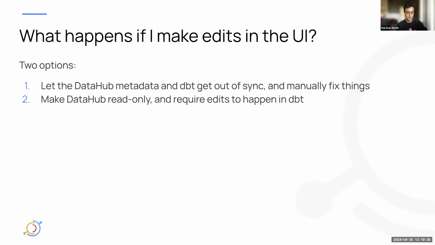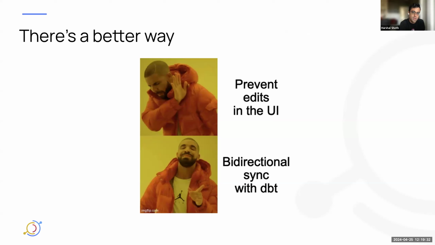And so to address this gap, we thought, let's just sync the two. dbt can already push updates into the catalog. Let's complete the loop here and push updates from the catalog back into dbt. That way these things will never get out of sync.